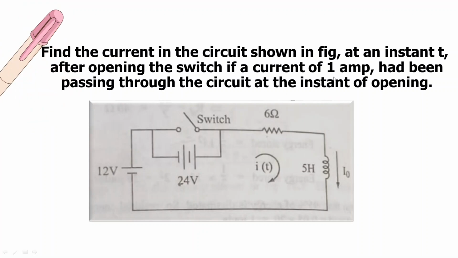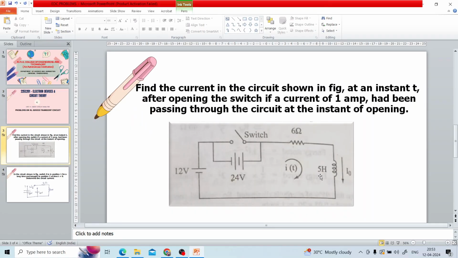That means the current of 1 amp is nothing but the I of 0 plus current. The starting initial current is given. So after opening the switch, the current flows between 12 volt, 24 volt, 6 ohms and 5 Henry.